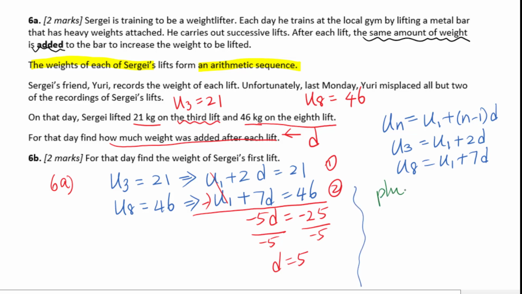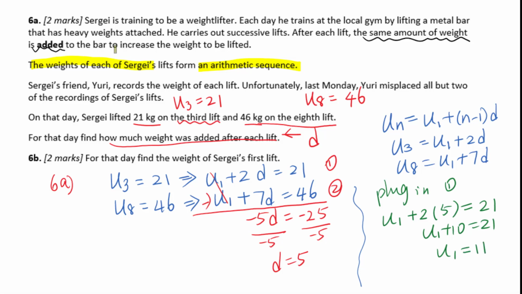Then we plug into the first equation. u1 plus 2 times 5 equals 21. u1 plus 10 equals 21. u1 equals 11. This is the answer to 6b: we are looking for the weight of Sergey's first lift.